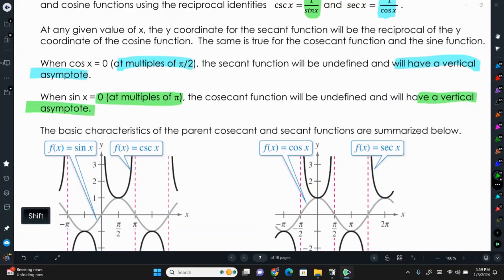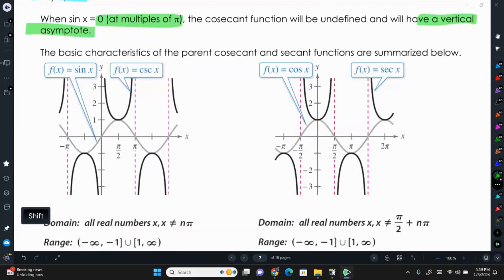So in this graph right here, we have the basic cosecant graph and the basic secant graph. And you can see with the cosecant graph that the corresponding sine function is graphed as well.